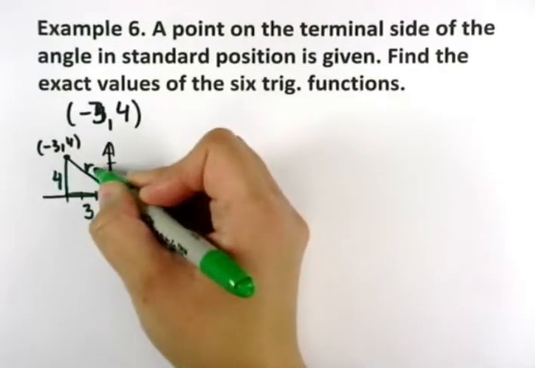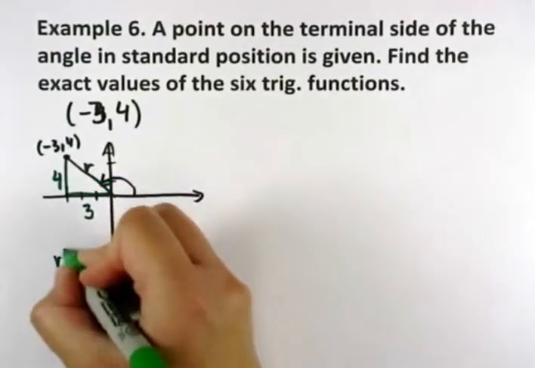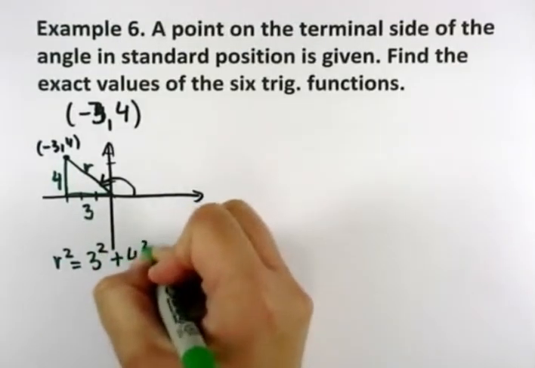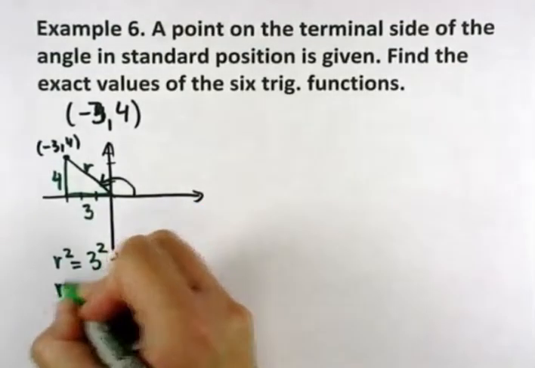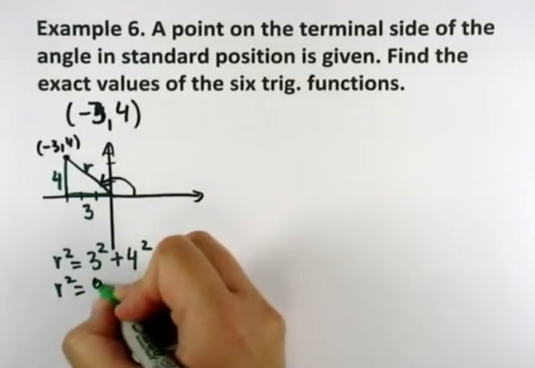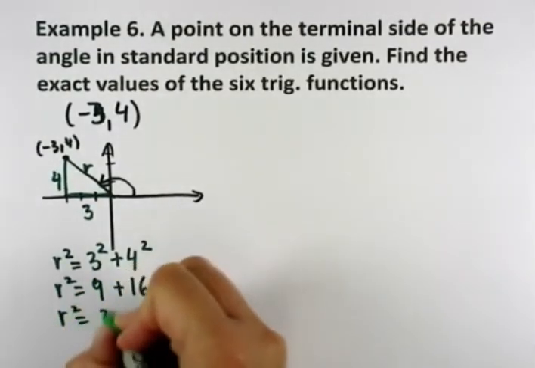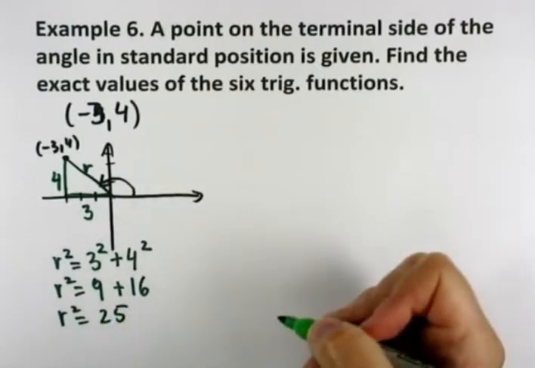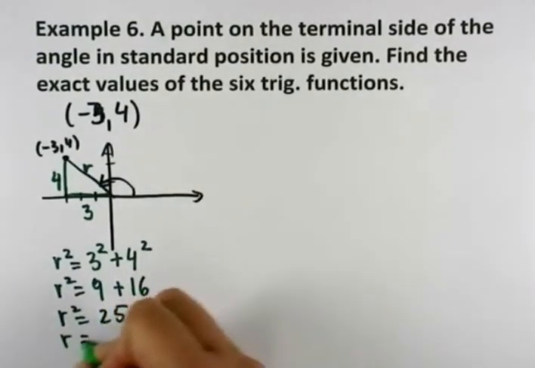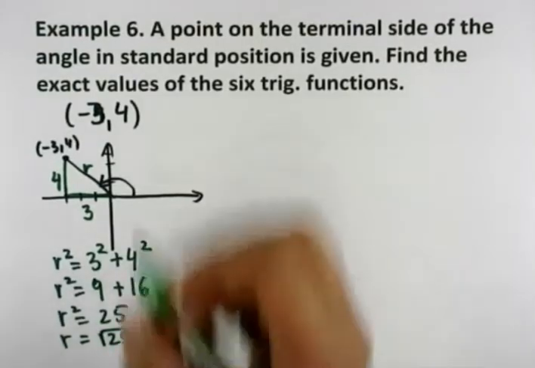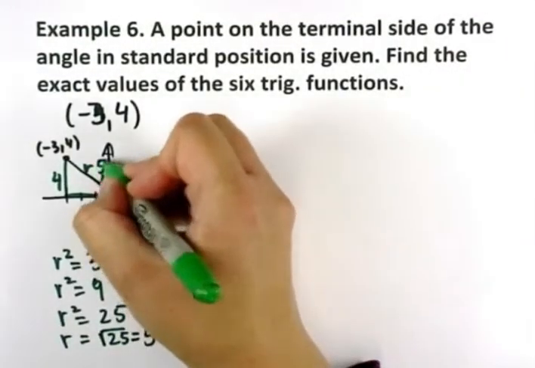I'm using the Pythagorean theorem that r squared is equal to 3 squared plus 4 squared. So r squared is equal to 9 plus 16. So r squared is 25. Take square root. So r is equal to root of 25, which is 5. So this side is 5.